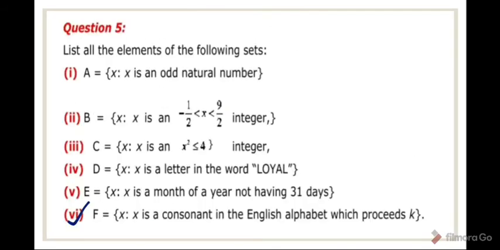Now, the last one, F is the collection of all x where x is a consonant in the English alphabet which precedes K. Okay.